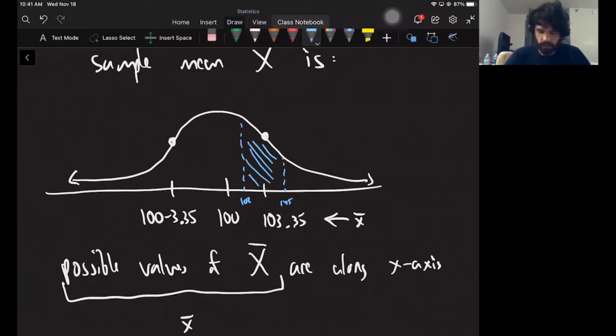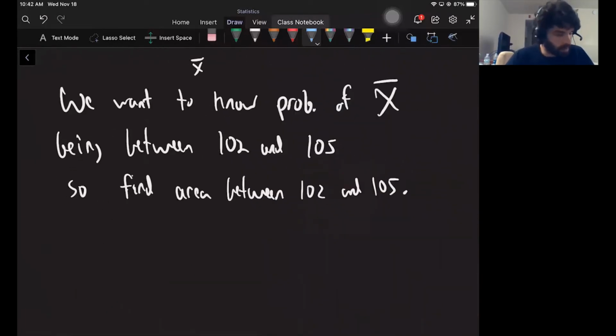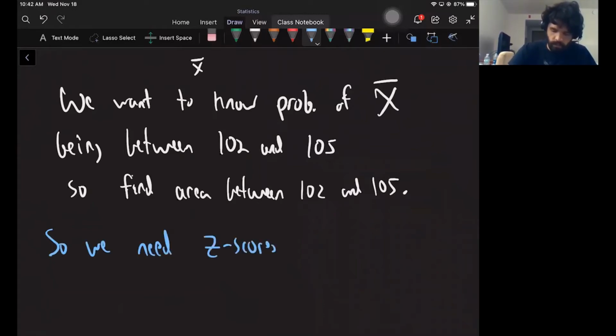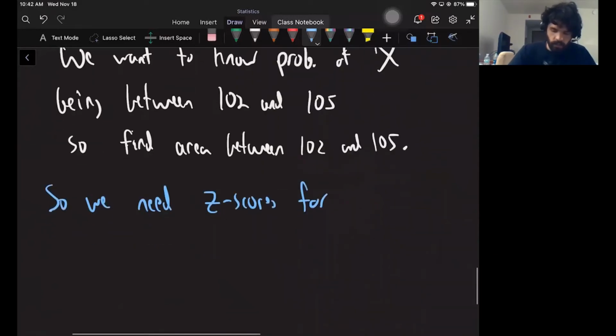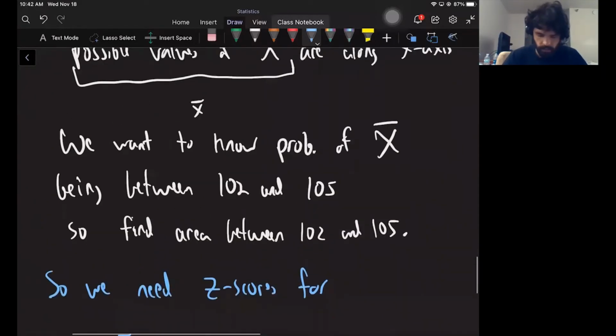Well, that's when we use our z-score stuff, which we're pretty used to by now. So we need the z-scores for, so the idea is that these little x bars are what big X bar can take values of.